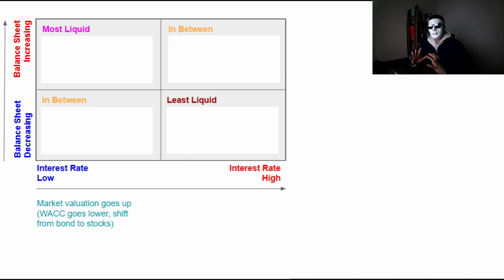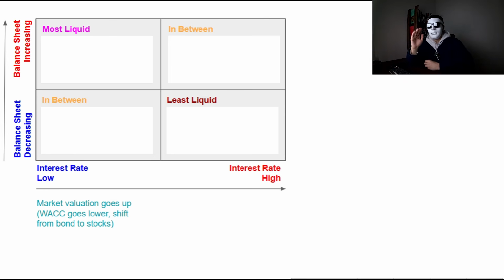So if the interest rate goes lower, cost of debt becomes lower. Also, on the cost of equity side, if the interest rate goes lower, a core component of the cost of equity, which is the risk-free rate, which is essentially the US Treasury yield, will also go lower. So you can safely assume that the WACC will go lower if the interest rate goes lower.